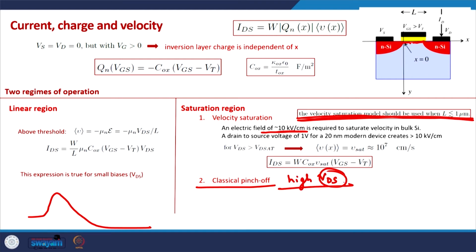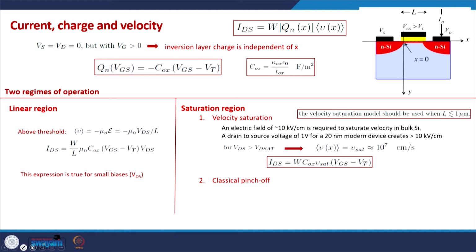For higher VDS, as we have also discussed previously, the electric field will be non-linear in the channel. On one side the electric field will be extremely low, especially on the top of the barrier, but it will very quickly drop abruptly just to the right of the top of the barrier, and it is a non-linearly changing electric field.